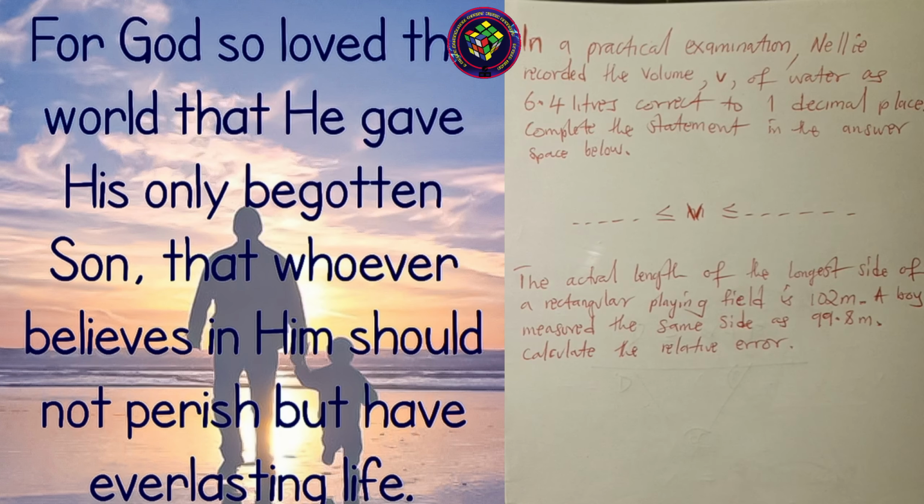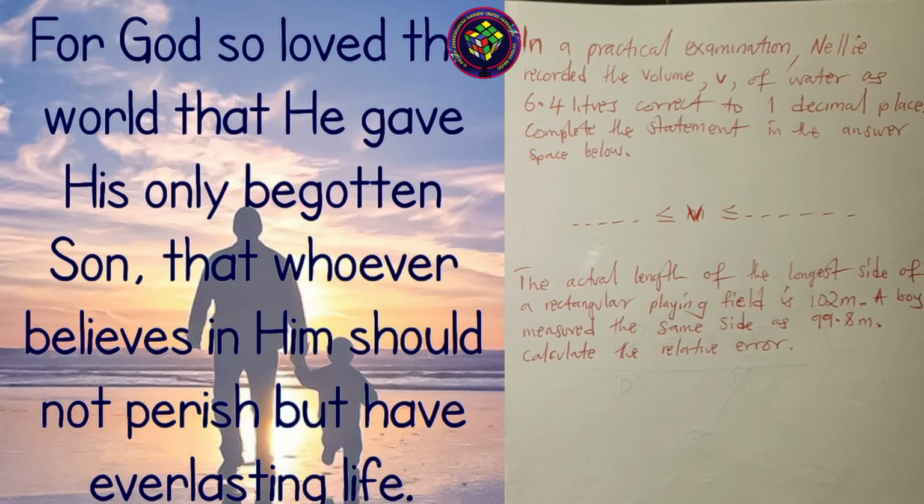We go to the second question. The actual length of the longest side of a rectangular playing field is 102 meters. A boy measured the same side as 99.8 meters.